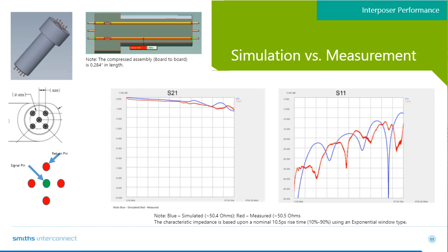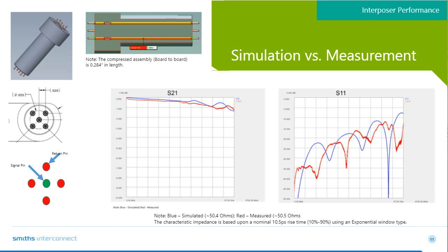So, as engineers, we have to make decisions up front, and so simulation is the way that we achieve our confidence in our design. Simulations are only as good as the data that we put into the model, and they must be correlated with measurements, which is what we're showing on this slide.